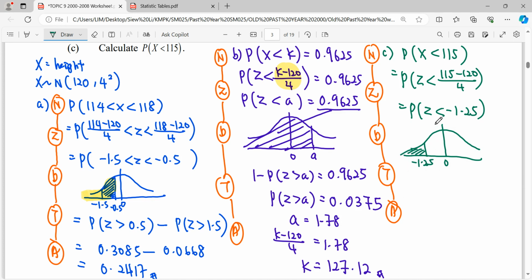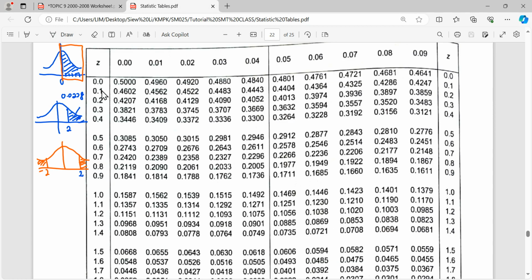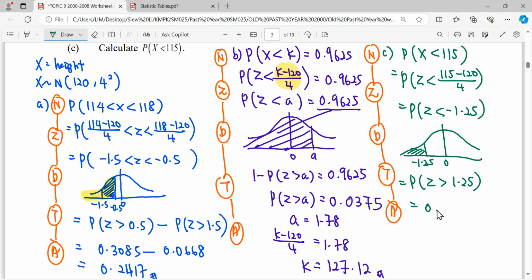So when we look at this drawing in the table, we are going to read the left tail. The left tail is equivalent to the positive tail, which is 1.25. So read out the positive tail 1.25 in the standard normal table, 1.25, 0.1056. So that's all for this.